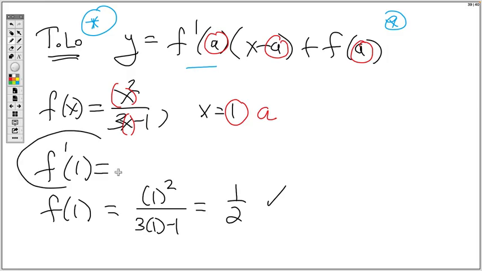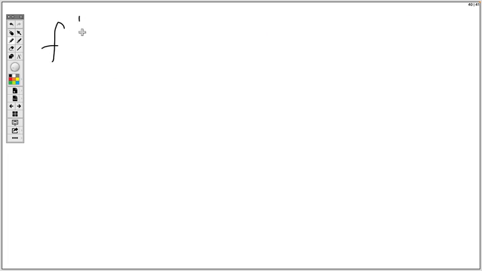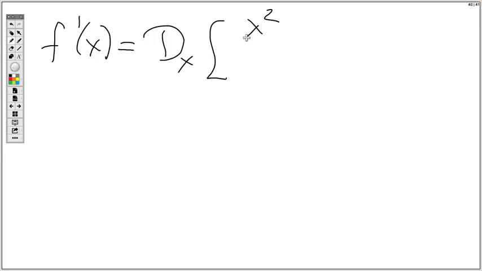But now I've got to figure out f prime of 1. So I need to get the derivative and then plug 1 into it. And that'll give me the slope. So f prime of x is the derivative of x squared over 3x minus 1. If you imagine substituting in an x value, you would square it. Then you'd multiply it by 3 and subtract 1.